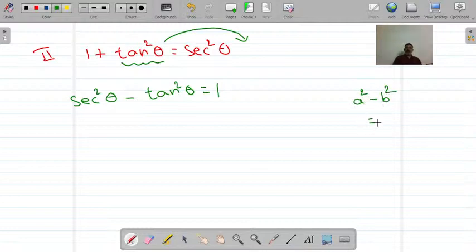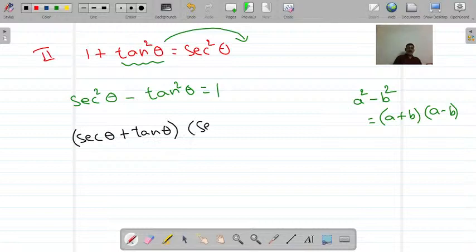What is the formula for a square minus b square? We know that it is a plus b into a minus b. Here secant theta is a and tan theta is b. So here I can write secant theta plus tan theta into secant theta minus tan theta equal to 1.